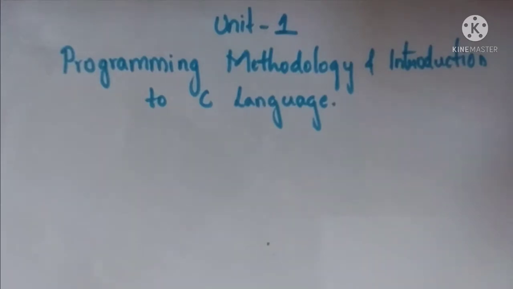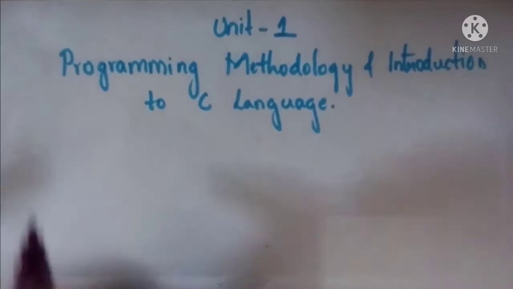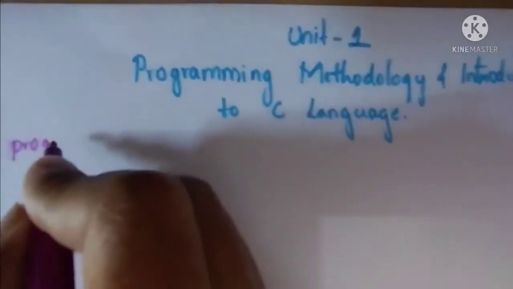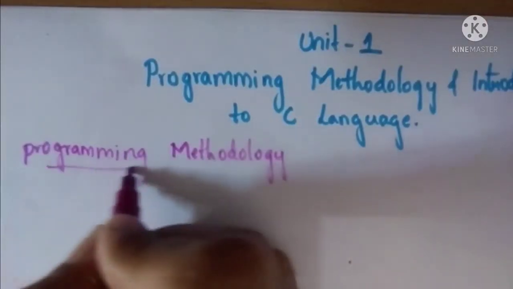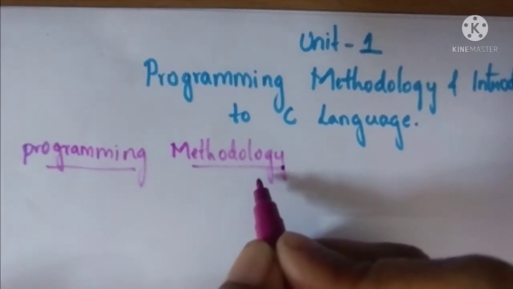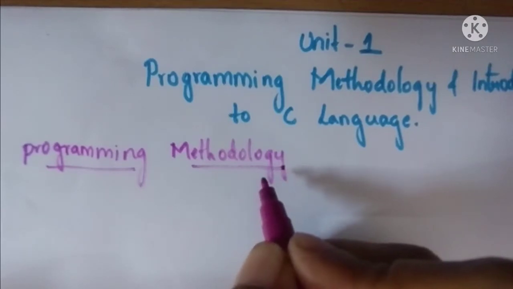So first we are going to see what is meant by programming methodology. Programming methodology is an approach to analyze complex problems by using planning and controlling of the development process.